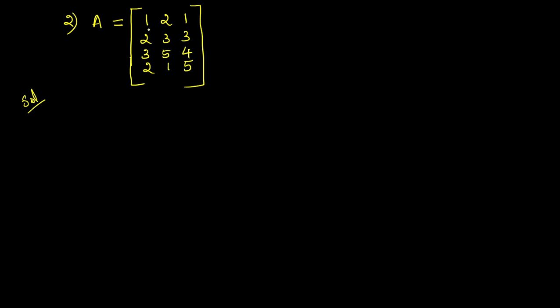Since it is already 1 in the given question, we can write the first row as it is. Next aim is to make all the elements below this one zeros. Therefore, use the following row transformations.